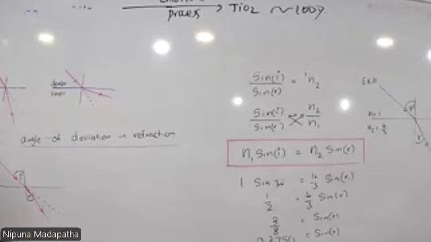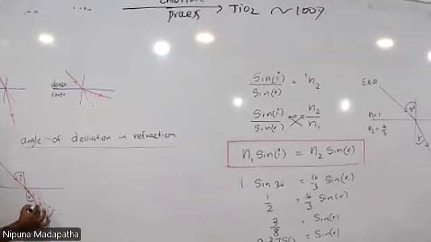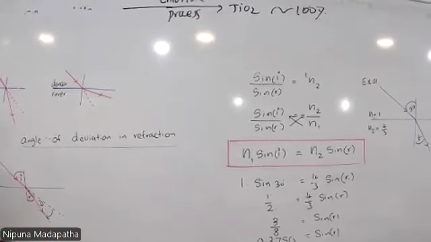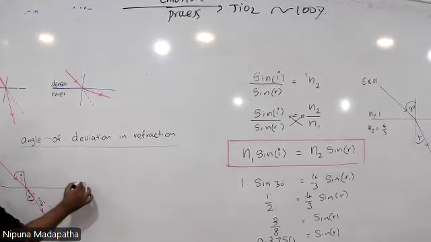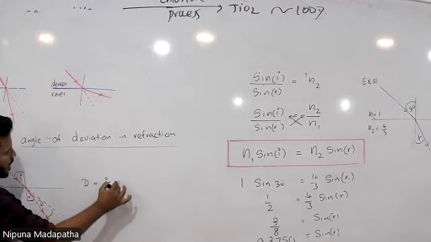When the ray bends towards the normal, it has deviated by some angle. This angle is known as the angle of deviation, capital D. By taking the opposite angle, this angle is I, then subtract this small angle R. So the angle of deviation D here is I minus R.